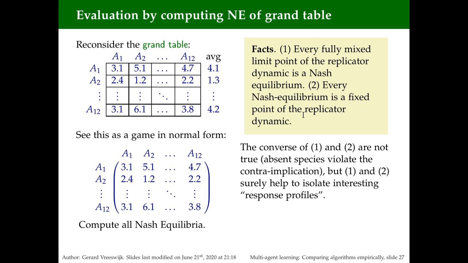So 1 and 2 surely help to isolate interesting combinations of response profiles. For example, if A2 against A12 is a pure Nash equilibrium, then we can say that if we have to choose an algorithm against a player who avails himself of this algorithm A12, then we know for sure we have to choose the second algorithm.